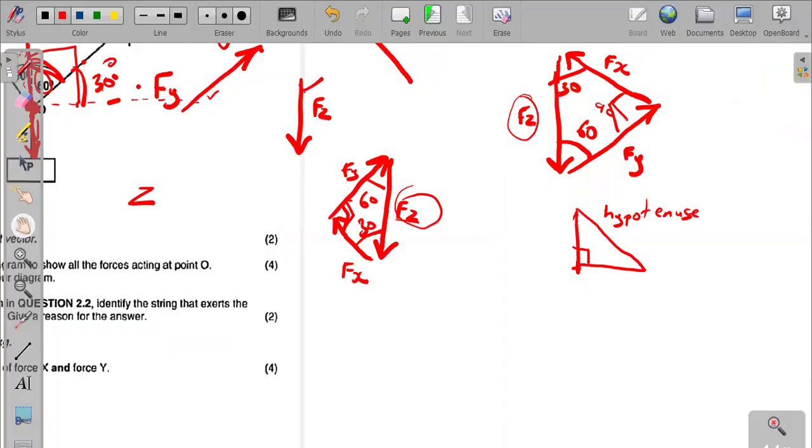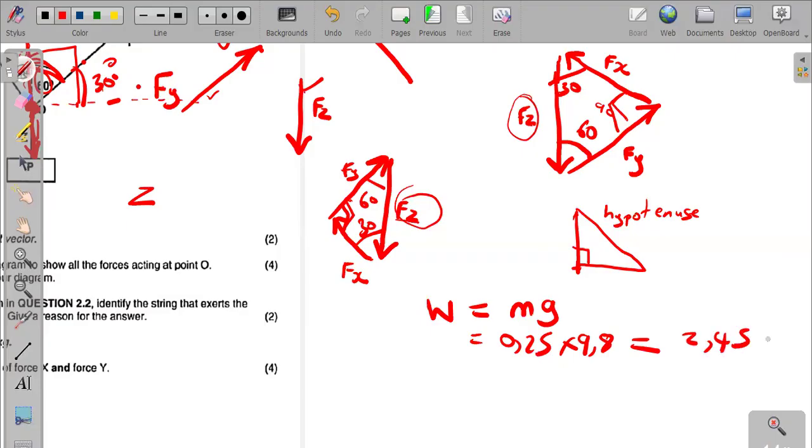Weight is equal to mass multiplied by gravitational acceleration, of course. So we have been given the mass there, 0.25, multiplied by the gravitational acceleration, 9.8, and that will give us 2.45 Newton. Right, so we have the gravitational force, the weight. Now that we have the gravitational force, we can relate it to our diagram.